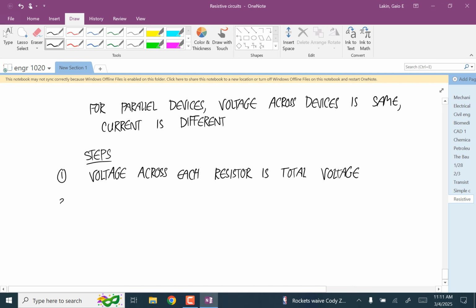And then we're just going to use Ohm's law for each resistor to calculate each current.